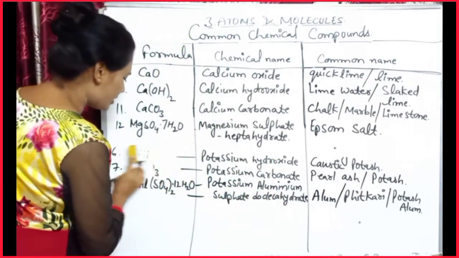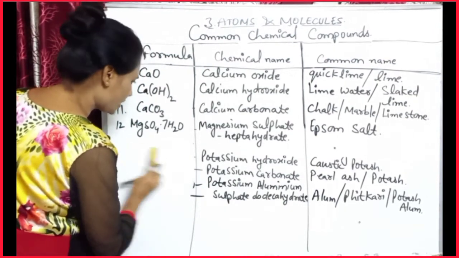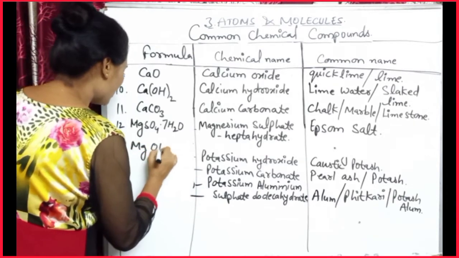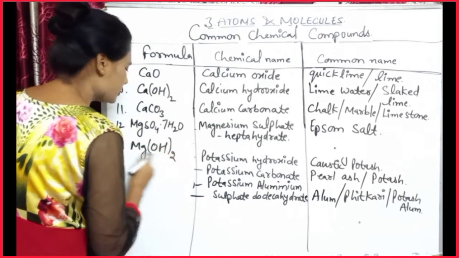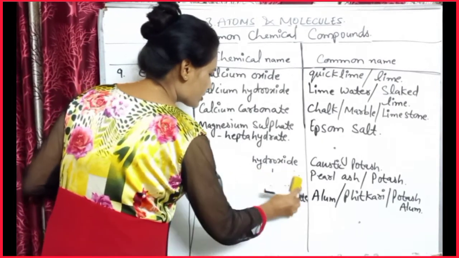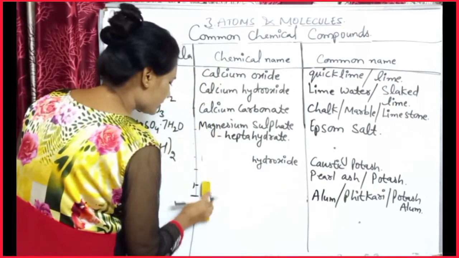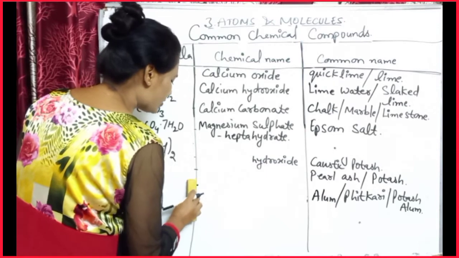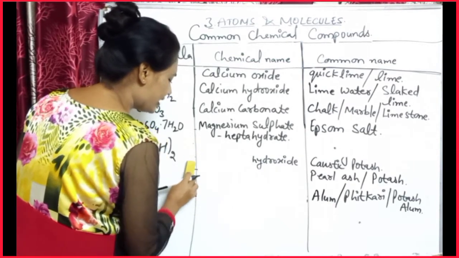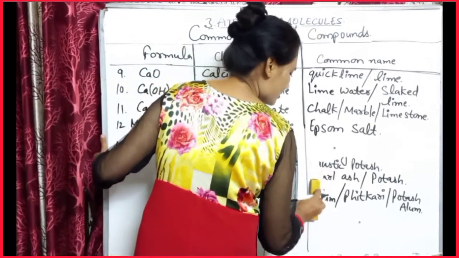Next we can take magnesium hydroxide, that is Mg(OH)2. Magnesium hydroxide is Mg(OH)2, and commonly it is known as milk of magnesia. It is a solution that is used as an antacid. Antacid means it is a base.